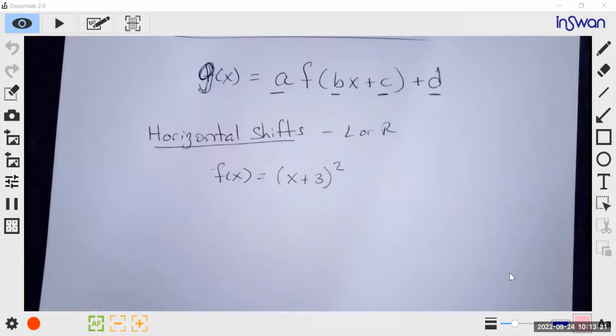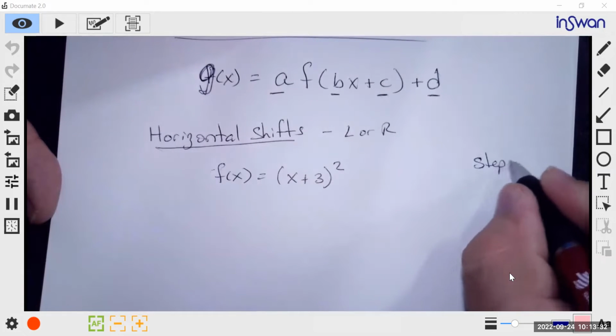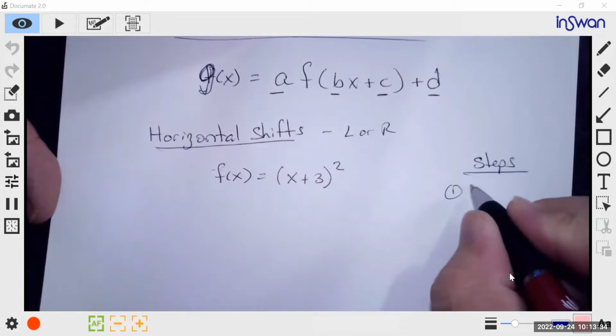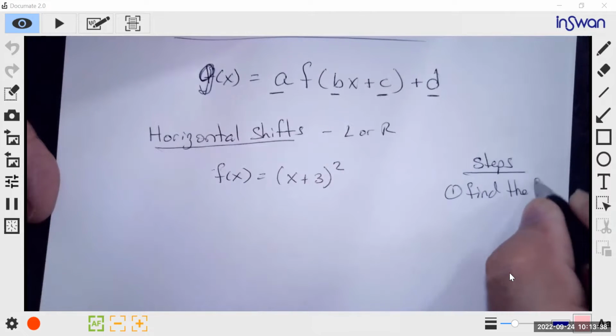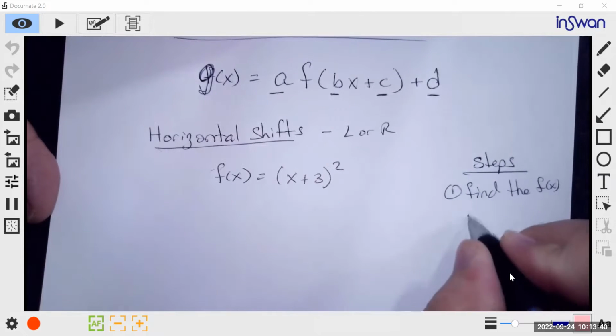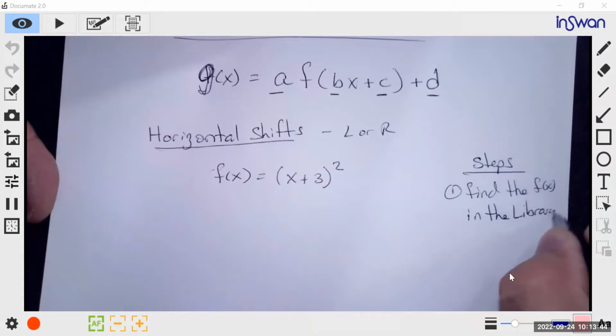Here's our first example. What you have to do is break it down to its original. So here are the steps. Find the function in the library of functions.